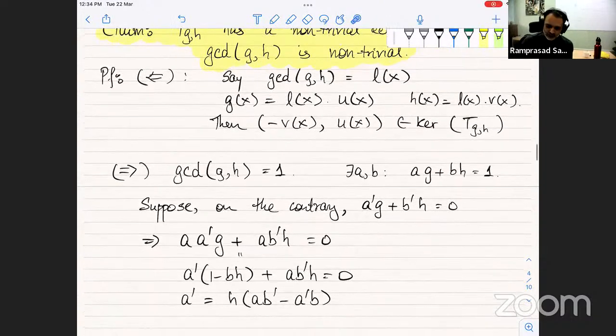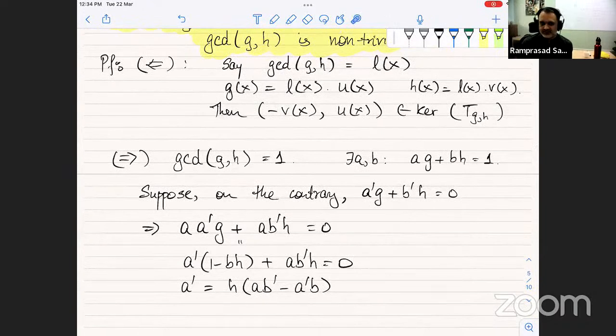Now I want to look at this equation and say this equation is absurd. Why is this equation absurd? The left-hand side, what is the degree? The degree is strictly smaller than the degree of H. The right-hand side, on the other hand, is a multiple of H. So certainly the degree is at least as large as H, unless, of course, that multiple of H is equal to 0.